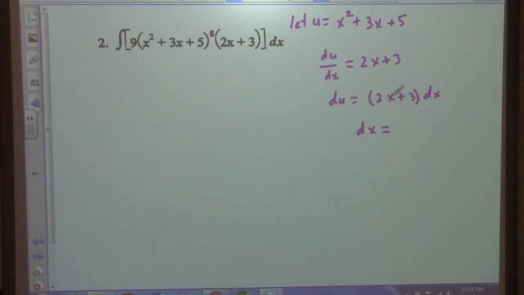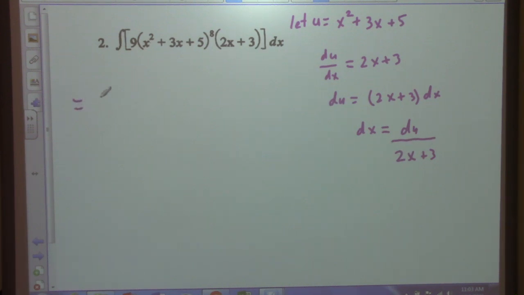What is this 2x plus 3 doing to this dx? Multiplying, right? So what do you have to do to solve for dx? You're dividing by 2x plus 3, so you have this, and you have to have something like this in order to cancel this out.